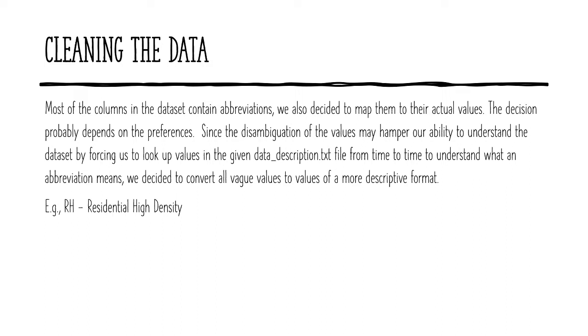It forces us to look up the values in the description.txt file from time to time to understand what an abbreviation means. So we decided to convert all values that are vague to a more descriptive format.